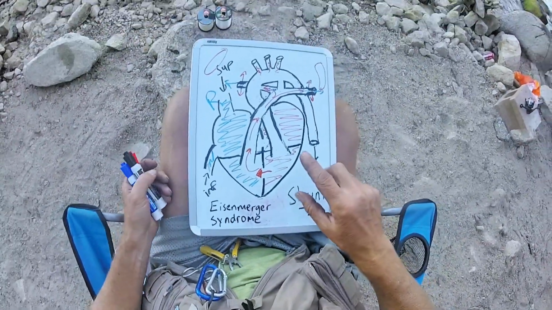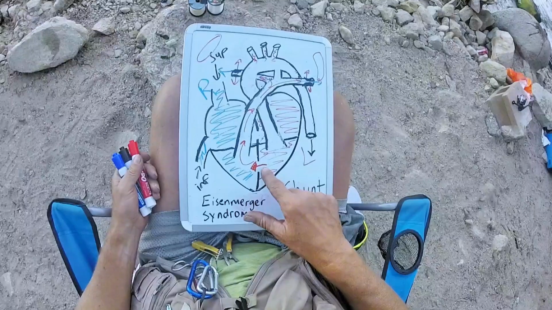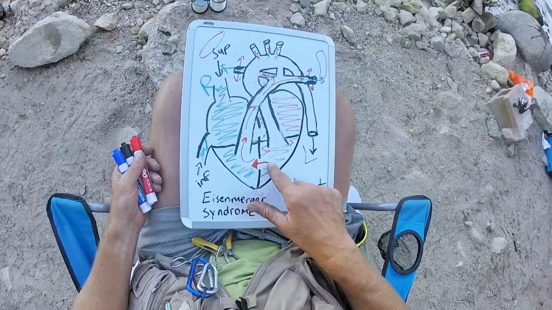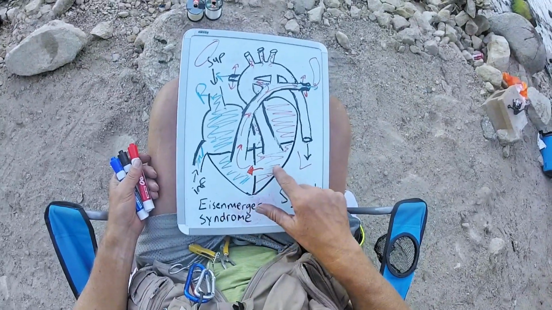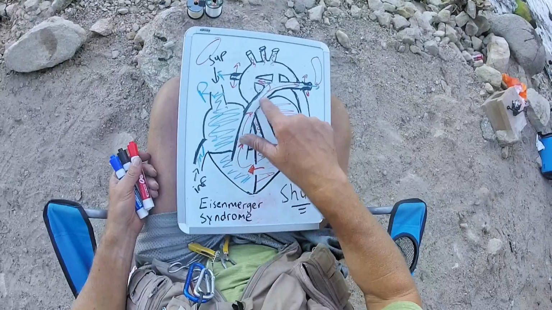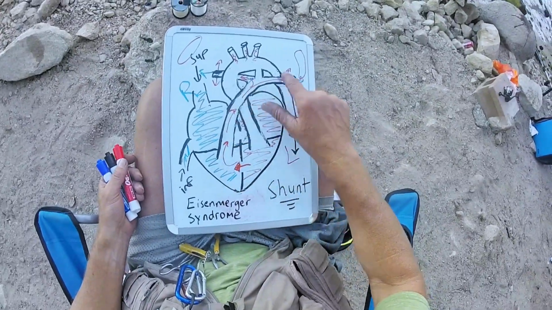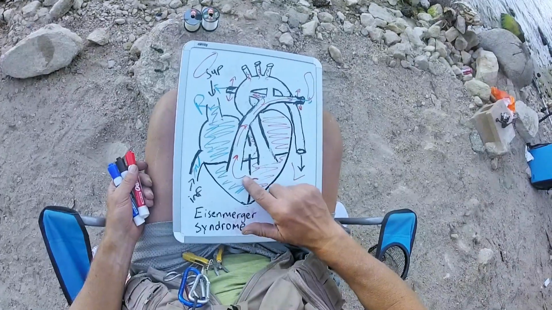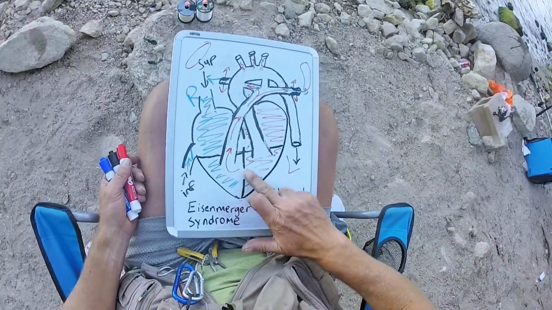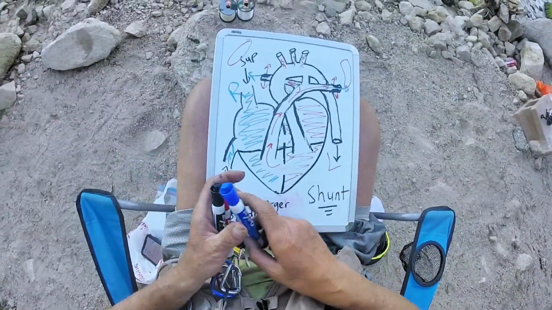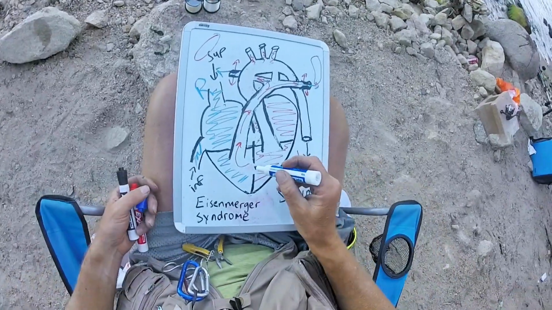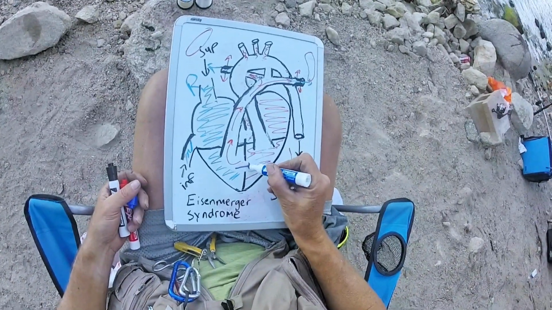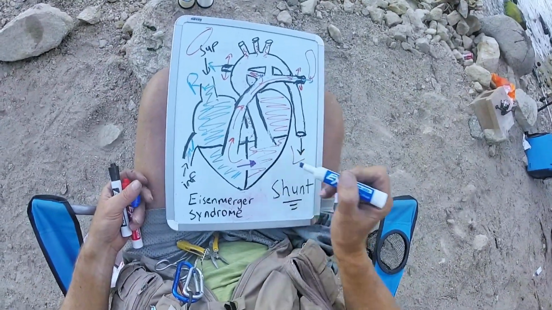Okay? The net result is what we had at the beginning was a left to right shunt sending oxygenated blood. Now it was pressurized blood, but oxygenated blood to the lungs. If this goes on too long, it's possible for this to turn around, and a left to right shunt becomes a right to left shunt.